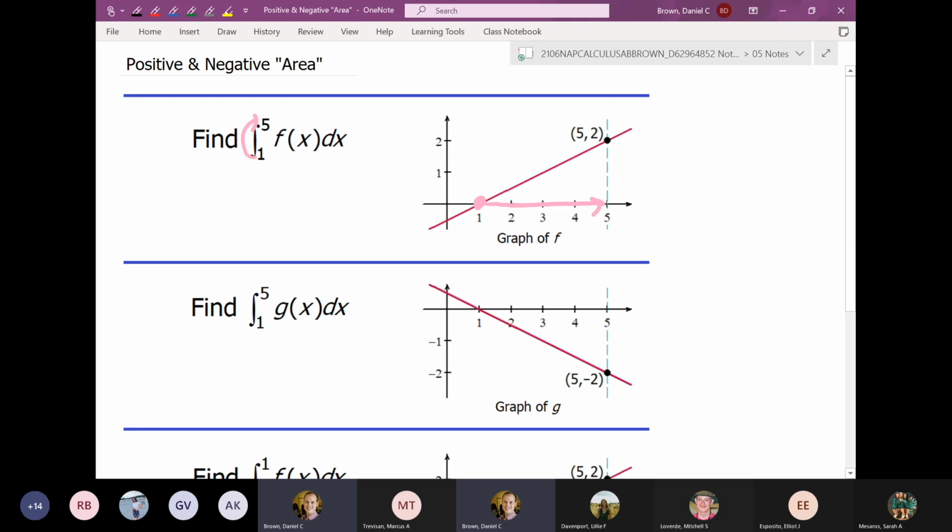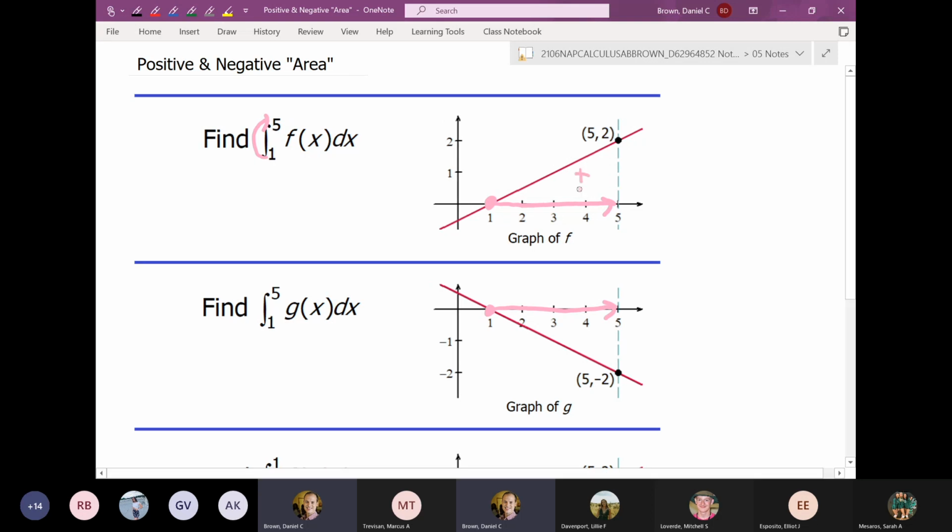Same thing from underneath it. As long as you are moving forward, the area is going to stay true to where it's located. Area above would be positive. Area below would be negative. And this is a triangle, so pretty easy to find. 1/2 base times height, net area of positive 5. This bottom triangle is below, so its net area would be negative 5.